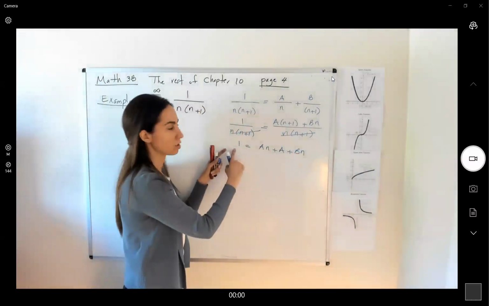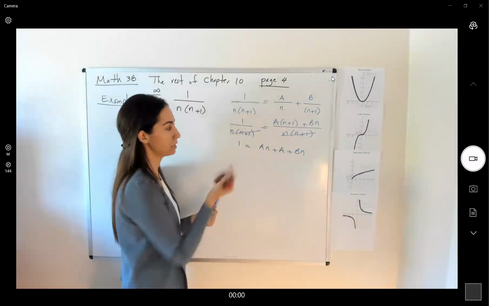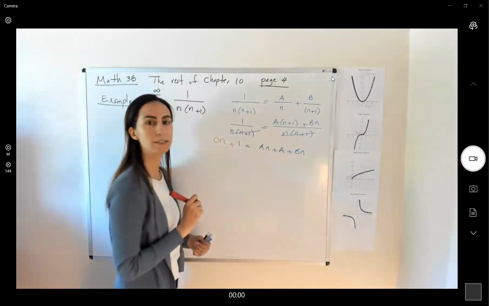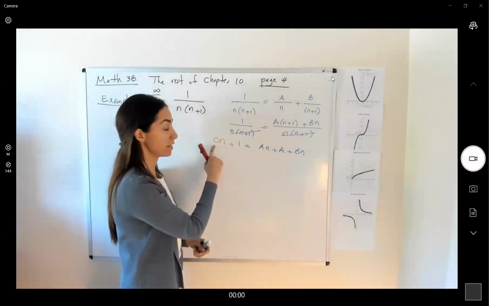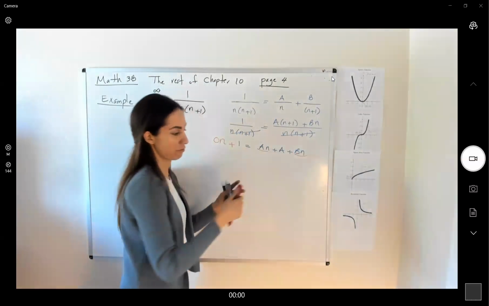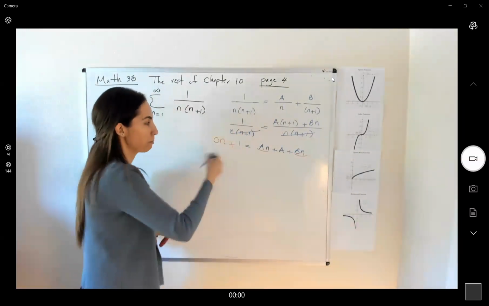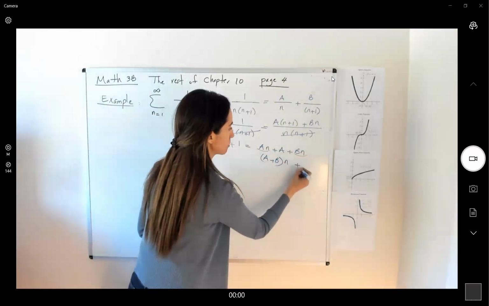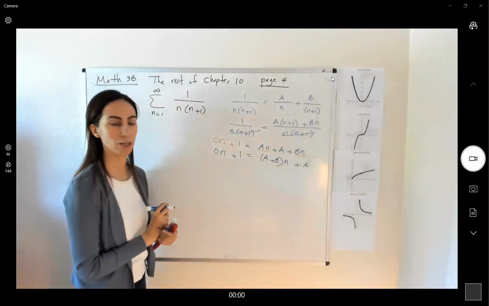On the left-hand side, you only have a constant. What's the meaning of that? It means that your n is multiplied by 0. The coefficient of variable n is 0. So if you take these two and factor out n, the coefficient a plus b must be 0. So 0n plus 1.